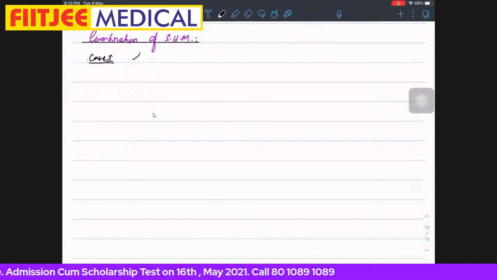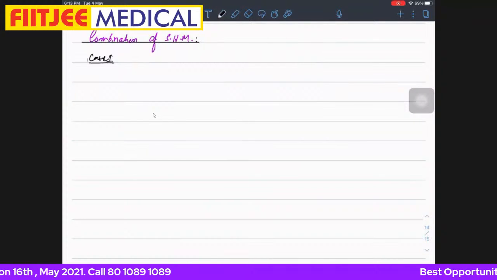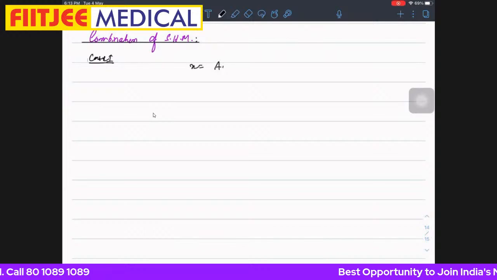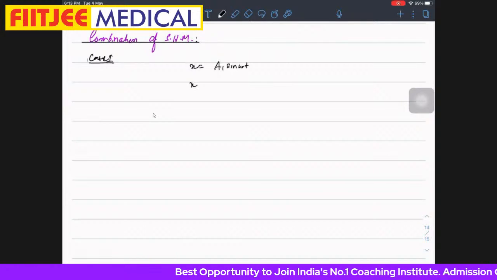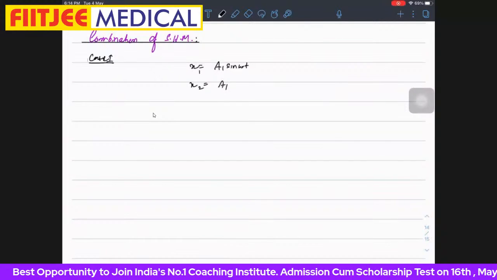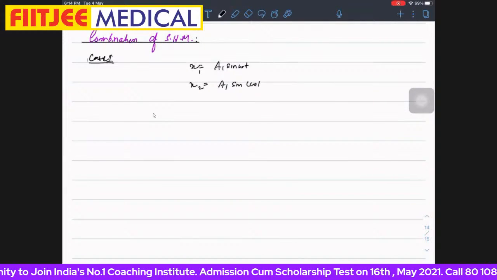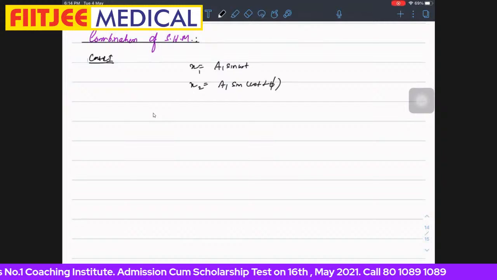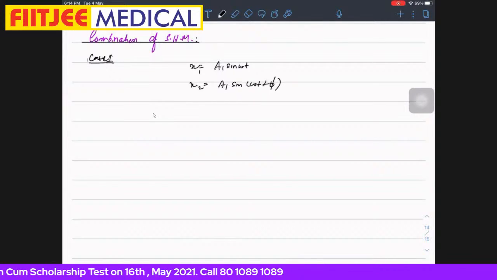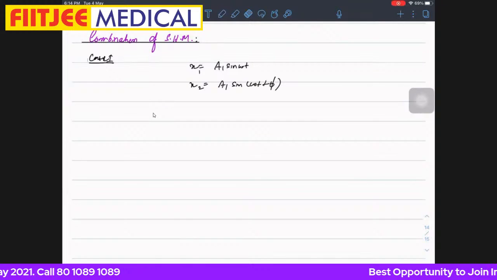Case 1: two are in the same direction. x equals A1 sine omega t, and there is some position difference, so this will become the phase difference. x equals A2 sine omega t plus phi.